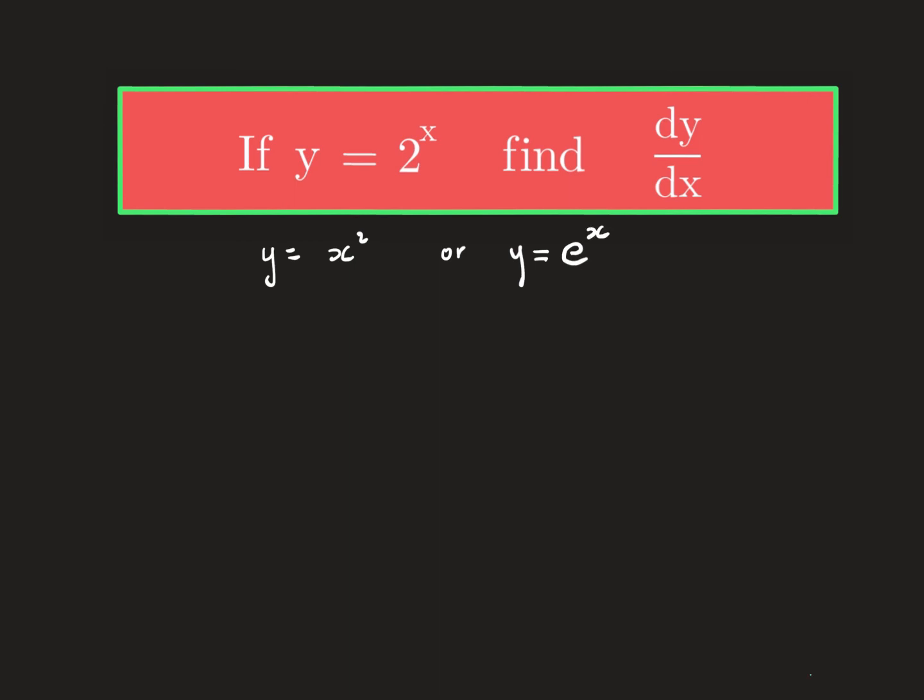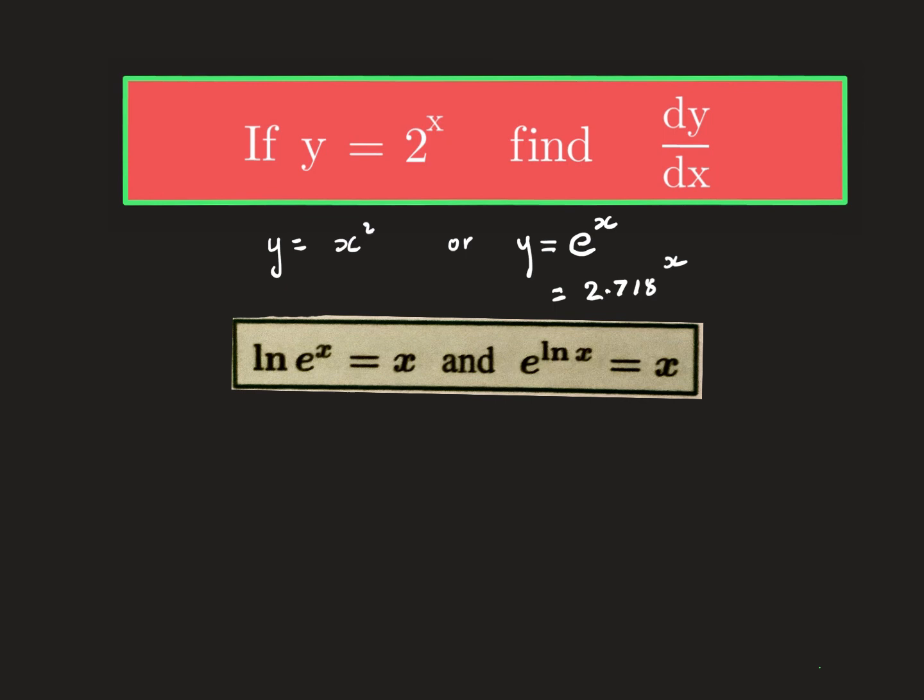We know how to differentiate the exponential, but the e is actually just a number, 2.718 and so on, to the power of x. So if we could find a way of changing that 2 to e, in other words, if we could find the relationship between e and the 2, then we might be able to work it out.